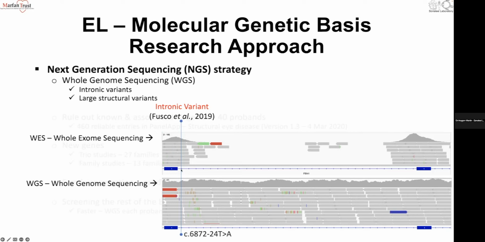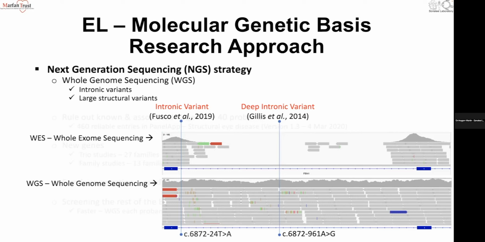And just to show you, there's a line here, but what it means is that this is the location where the intronic region is located, and that's why both of the techniques can pick up the location. But the difference in coverage between whole exome sequencing and whole genome sequencing might increase the scope of the assay.